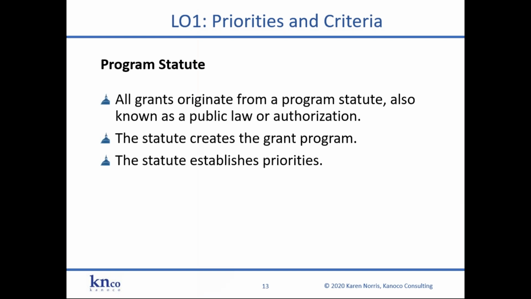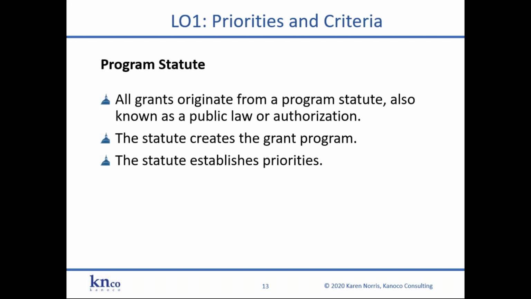So first of all, grants originate from a program statute, also known as a public law or an authorization. So Congress sees a need in society and they'll pass legislation like, let's reduce deaths on the highway by mandating seatbelt use, or let's reduce health disparities across the nation.